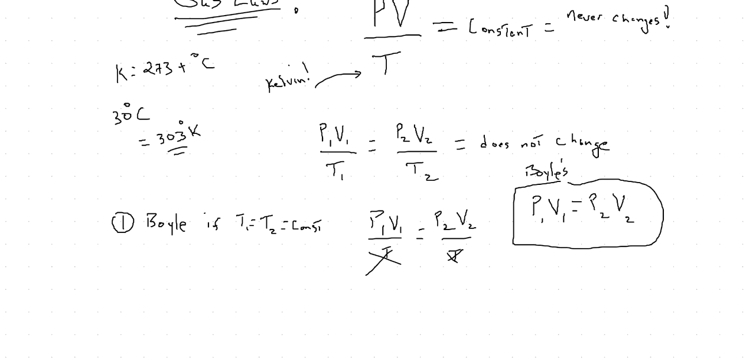So Boyle's law is constant temperature. Okay, and this is an inverse relation. That means P1 V1 equals P2 V2.